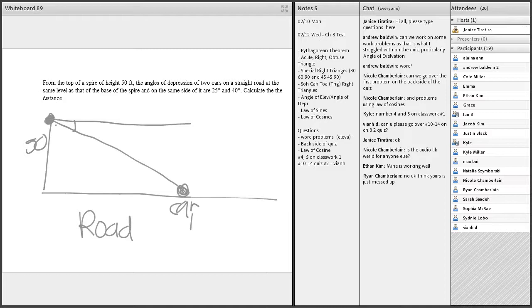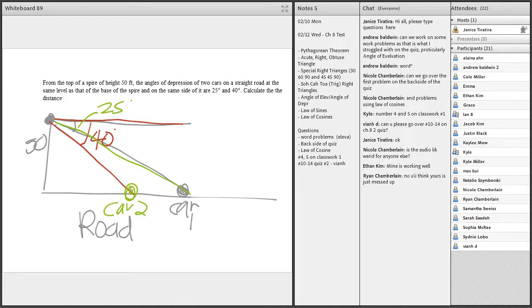From the same exact location, we're looking here, and that'll be 40. So the red angle is 40, and the green angle to the car is 25. This is car 2. The word problem got cut off, and so calculate the distance between the 2 cars.